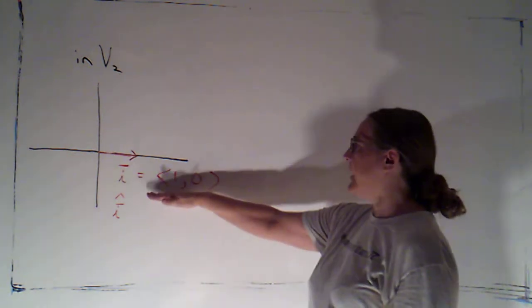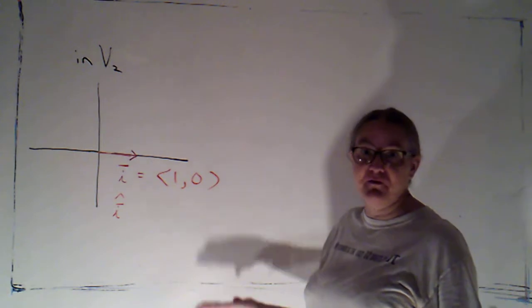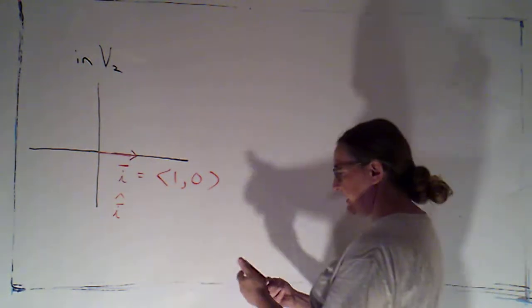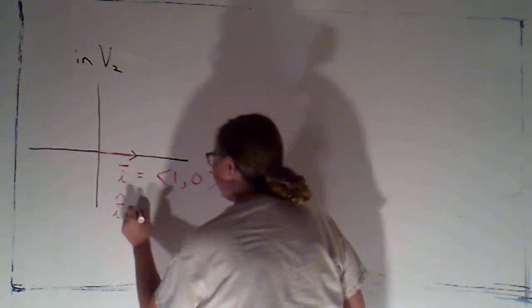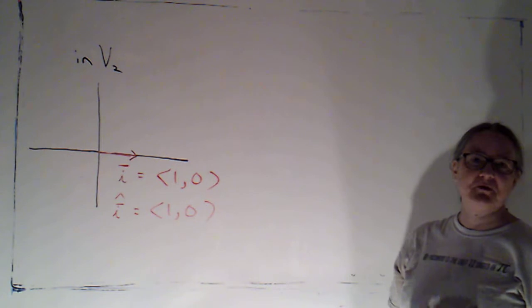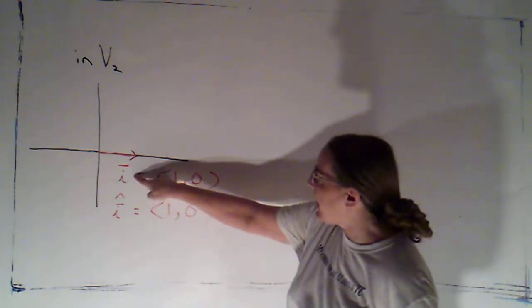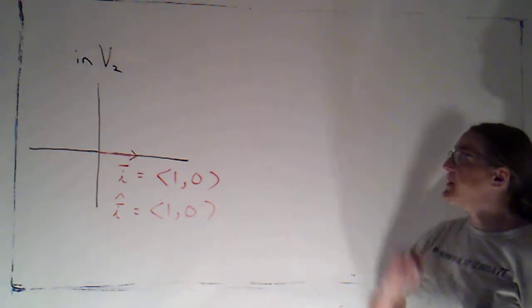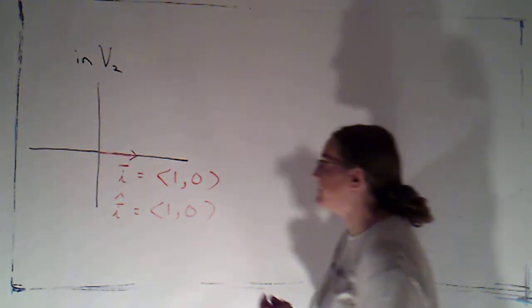If I start with i, it happens to have a magnitude of 1. If I normalize it, I would get i hat, but i hat is exactly the same as i because I wouldn't be changing it. It was already a unit vector. So you can call it i with a bar or i with a hat. Doesn't matter, but there should be a bar or a hat on it.